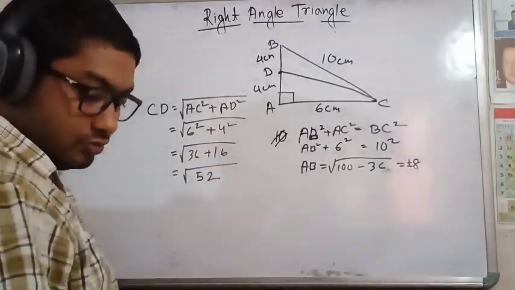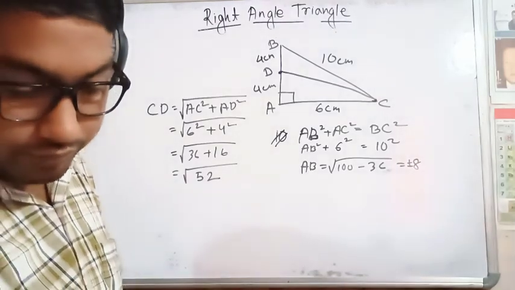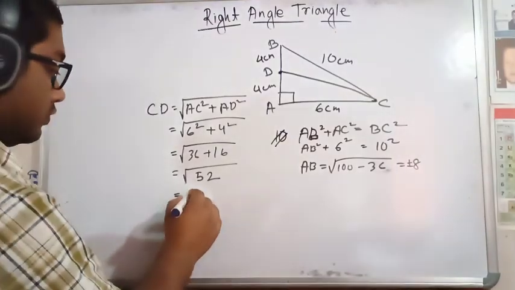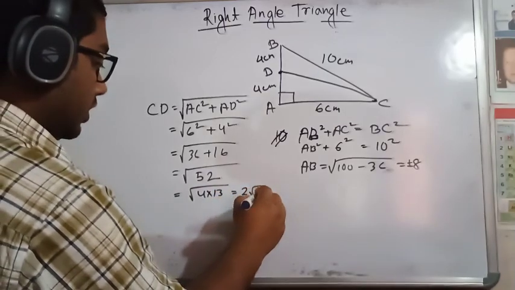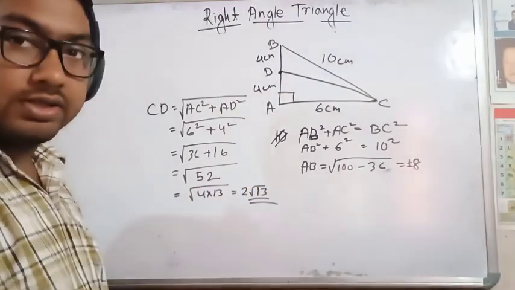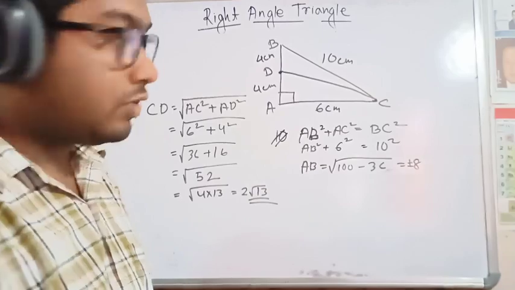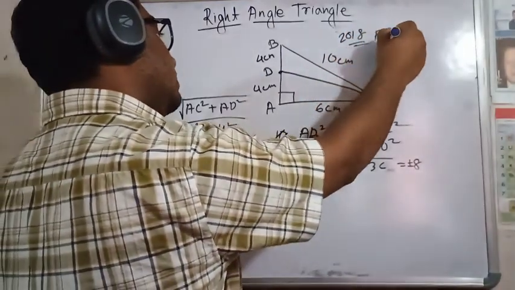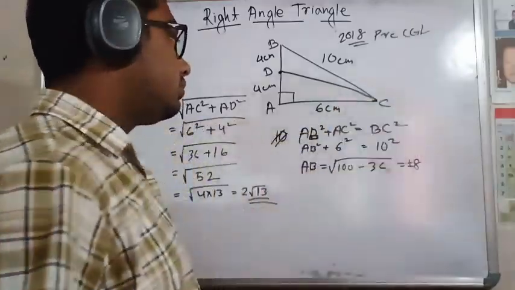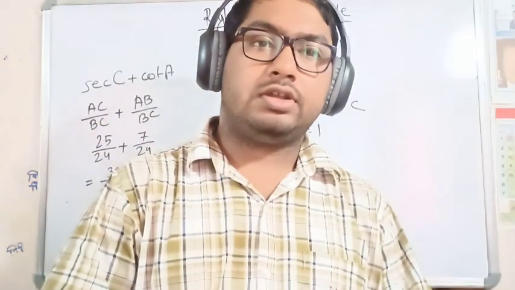So root over 52, 4 into 13, so 2 root 13 is the right answer. This was a question from the 2018 pre CGL. So that's for today.